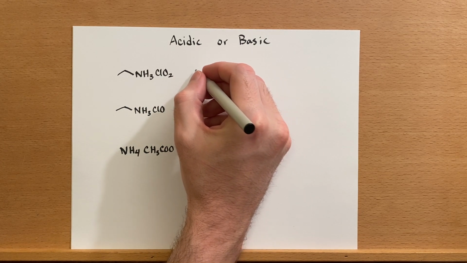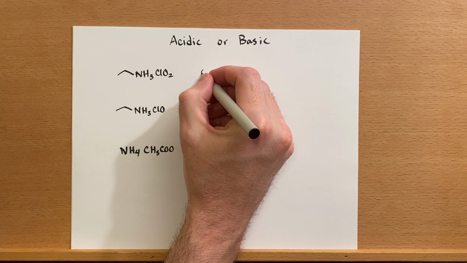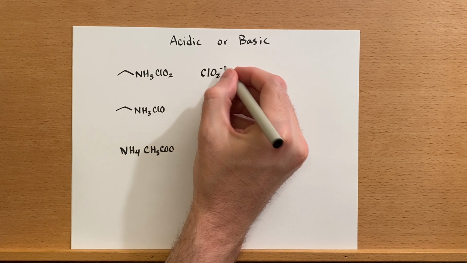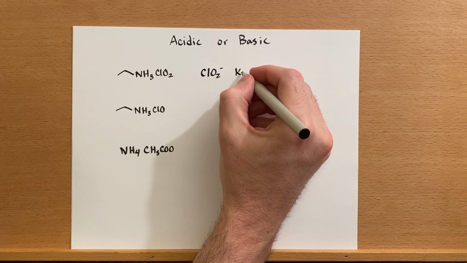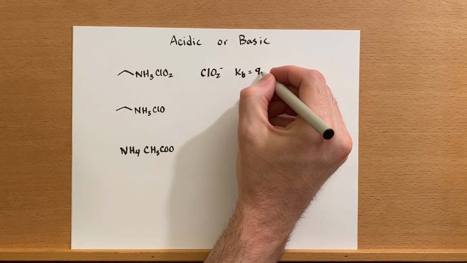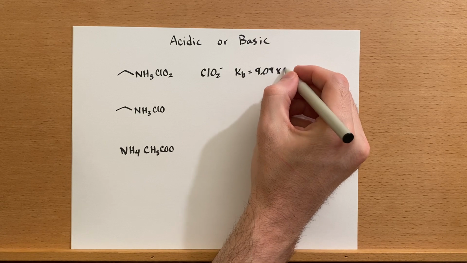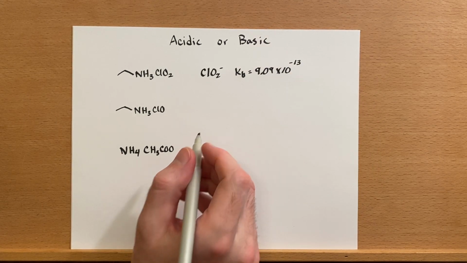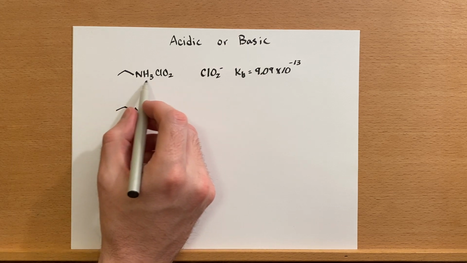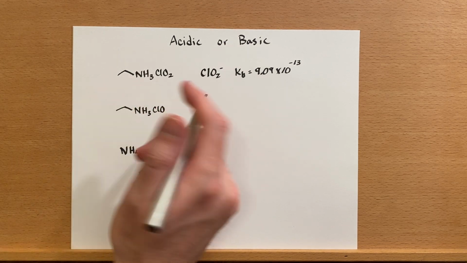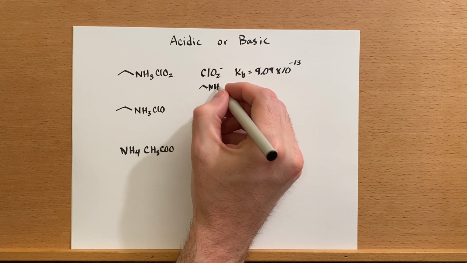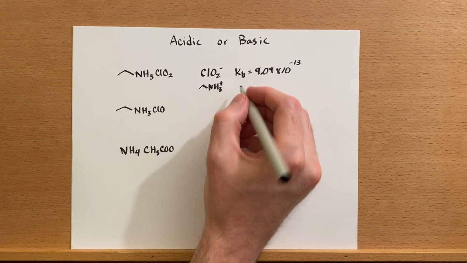So I'm going to write that right here. ClO2 negative, Kb. That's one of them. Now we need the Ka for ethyl ammonium, the acid.